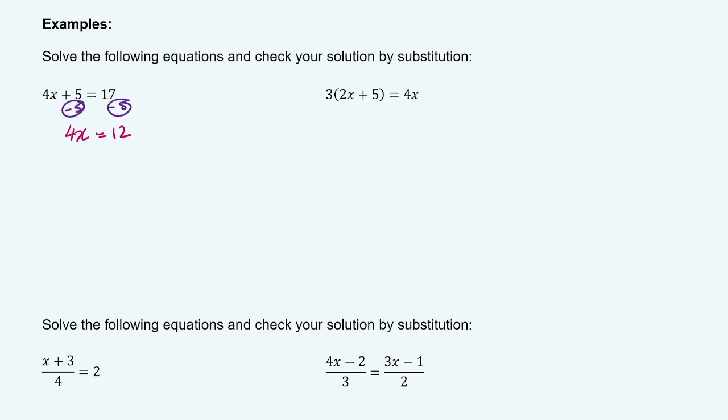My inverse operation now is a divide because I'm multiplying 4 by x. So if I divide both sides by 4, I'm going to get x equals 3. So that's a really straightforward one.